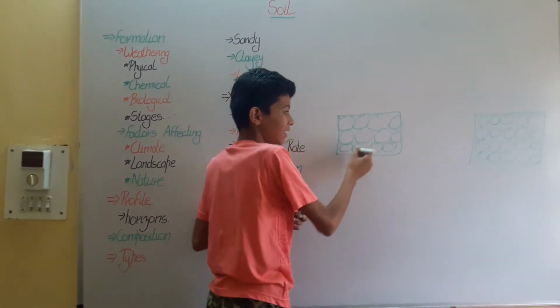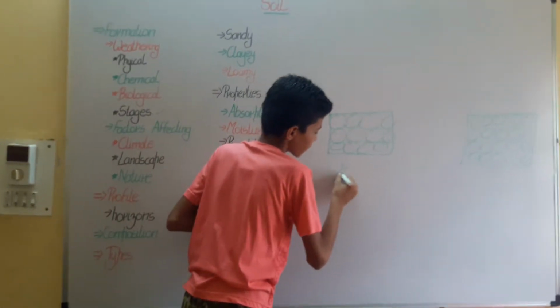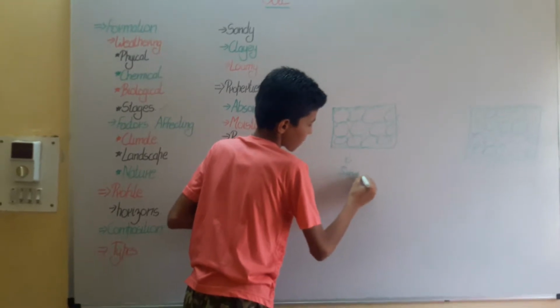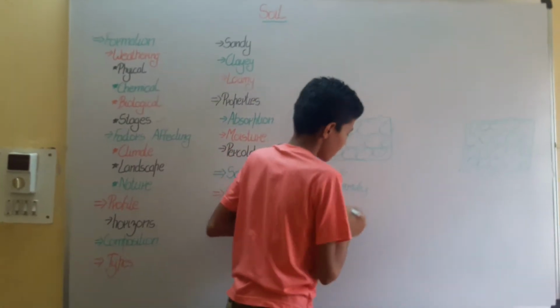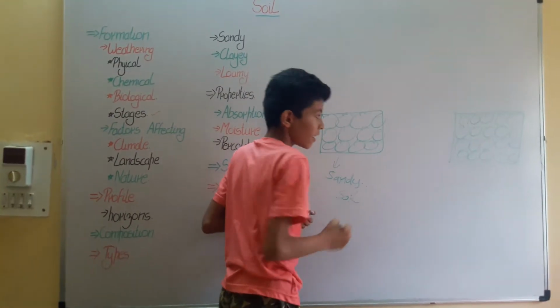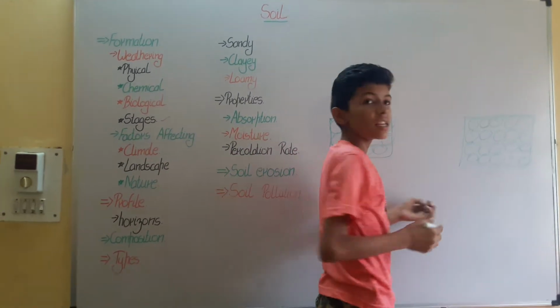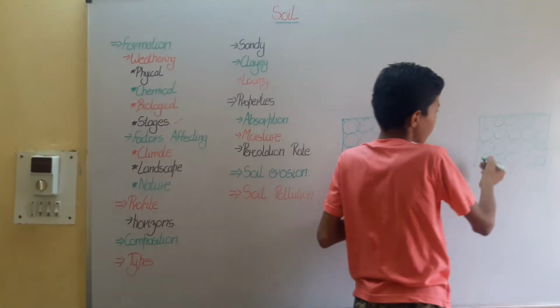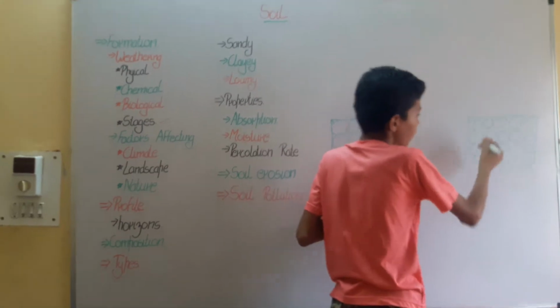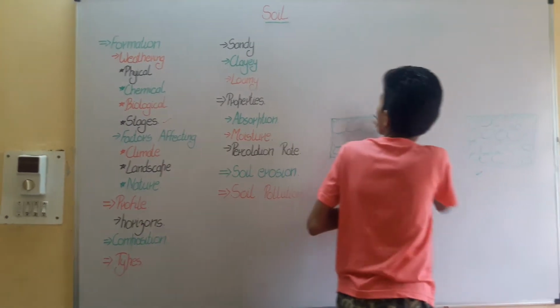So this one, which contains the large ones, is called sandy soil, and this is the clay soil.